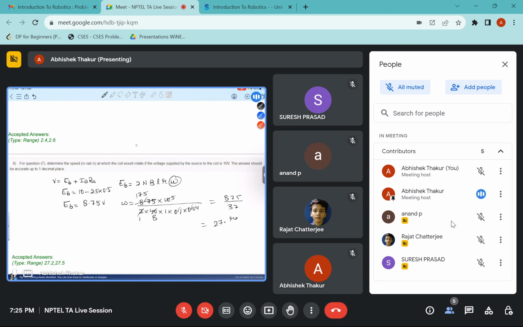So this answer will be in radian per second. So this is the angular speed, that is the speed in radian per second.